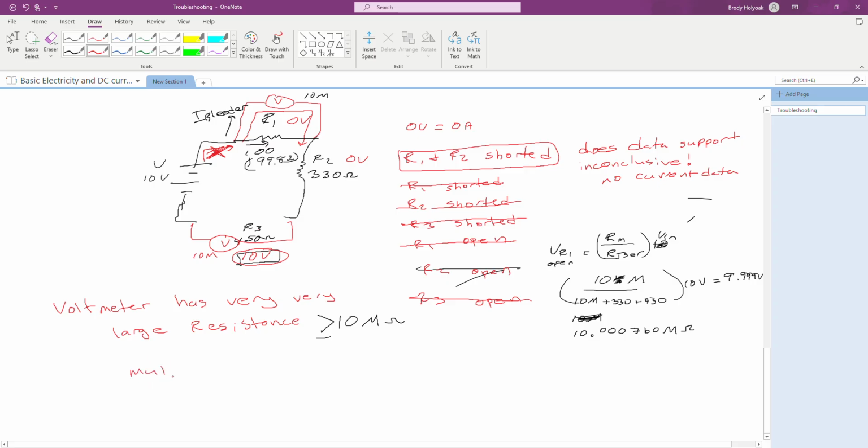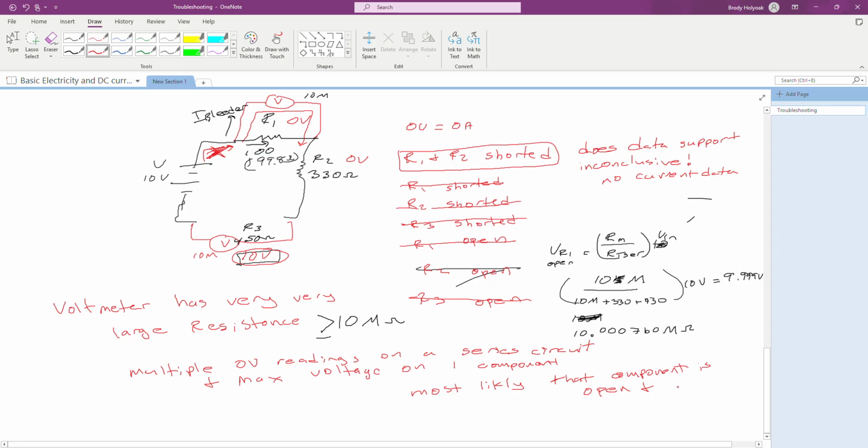So when we have multiple 0 volt readings on a series circuit, and we have max voltage on one component, most likely that component is open.